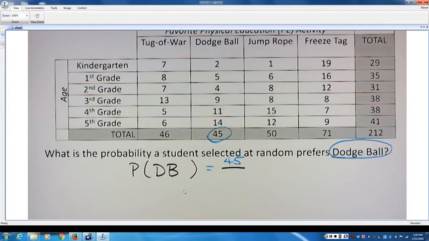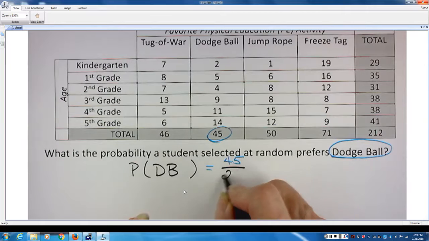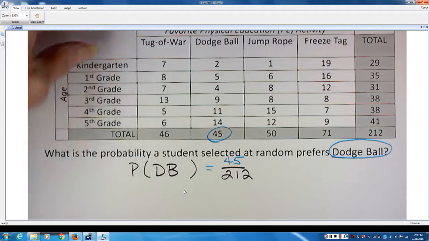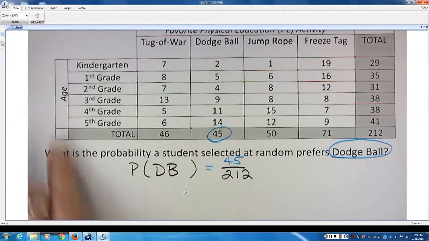How many kids are there in the whole survey? And there again, you can reduce the fraction, you can make a decimal, you can make a percentage, pointing rounded to 3 decimals before you make the percent. Okay, I'm focusing on how to do the probability, not the arithmetic. Does this make sense to everybody?